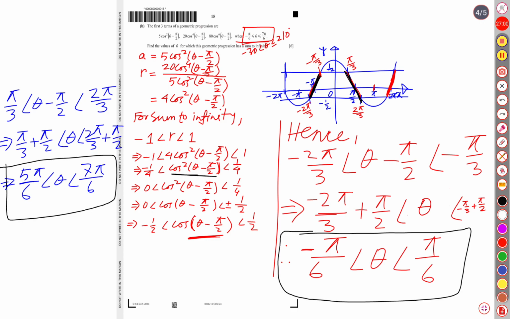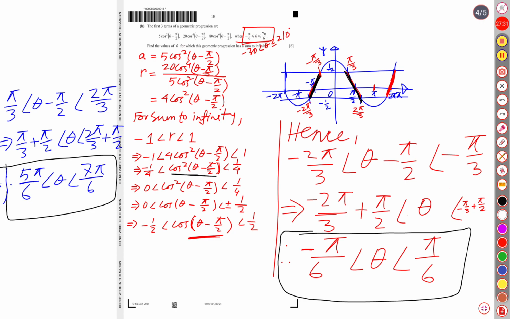So we can use the hence symbol. Hence our domain is from 5 pi over 6 until 7 pi over 6. So this is the whole solution to this question.